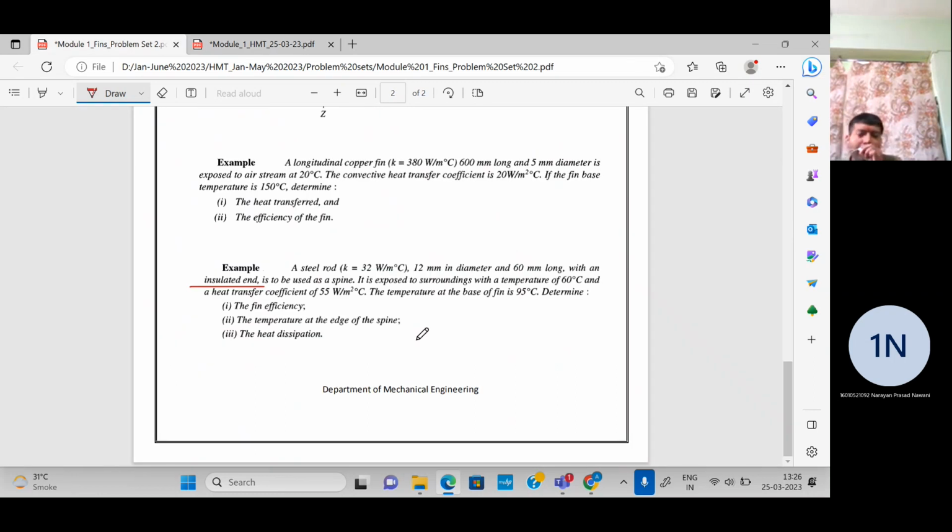We have calculated the fin efficiency, temperature at the edge of the spine or fin, and the third one, that is the heat dissipation. So we have solved the last problem of this problem set. So we have solved all the problems of this problem set on fins.